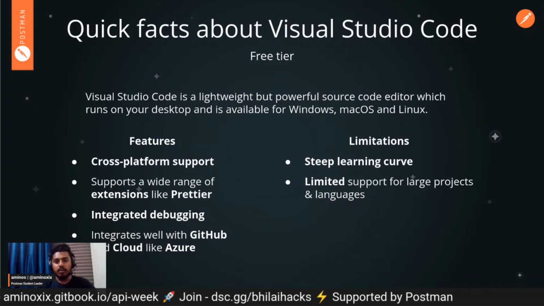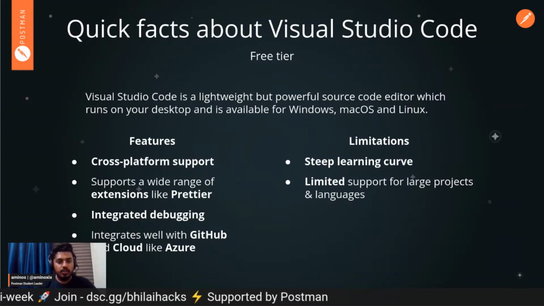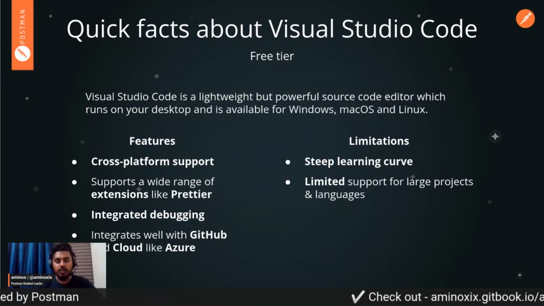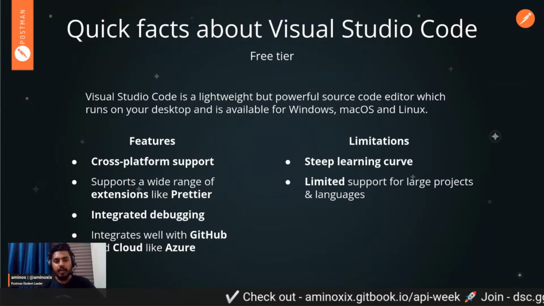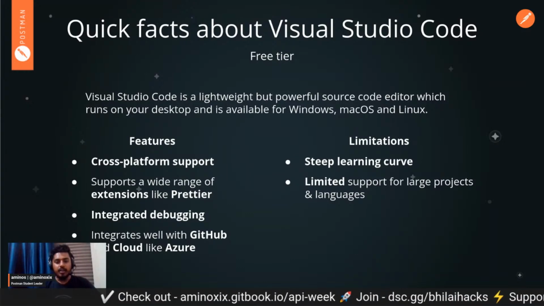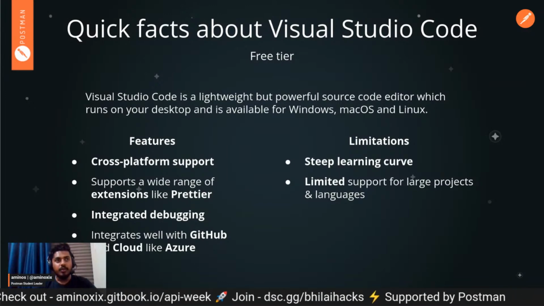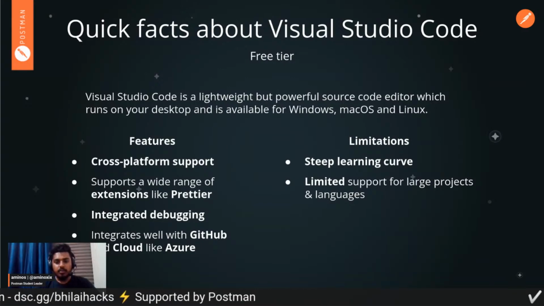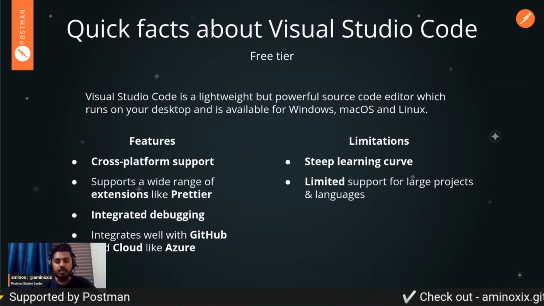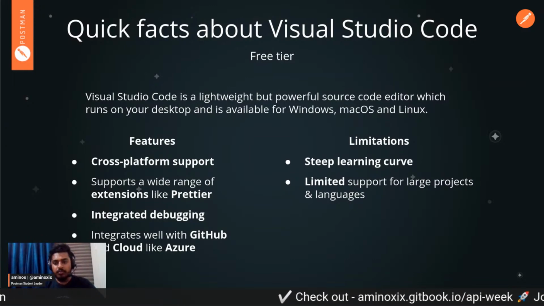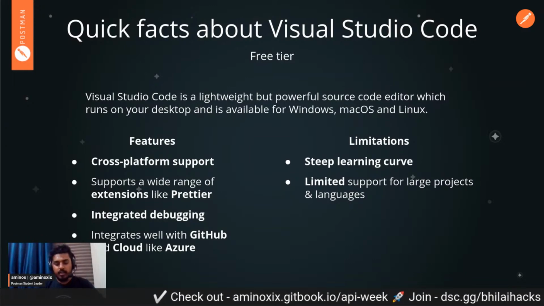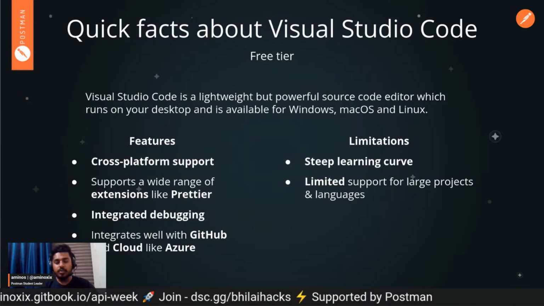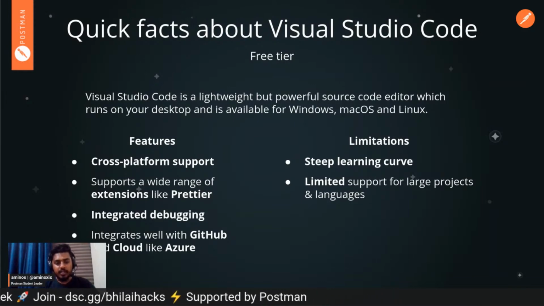Cool. Quick facts about Visual Studio Code. It's a lightweight but powerful source code editor. There are a lot of source code editors out there, but Visual Studio Code is really awesome. I really love the extensions and everything. It provides cross-platform support, so it can be used on Windows as well as Linux, and I'm currently using it on my Pop OS and on macOS as well.